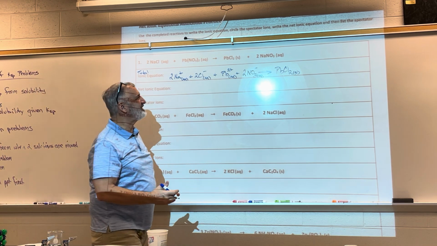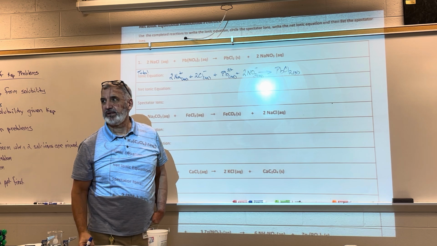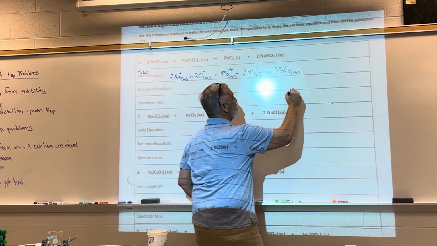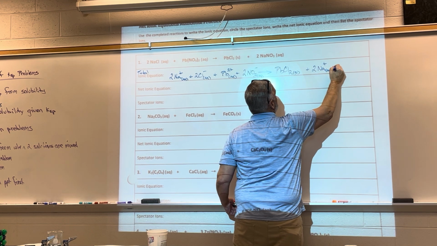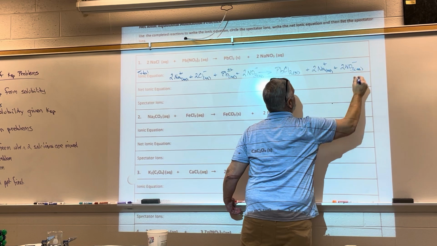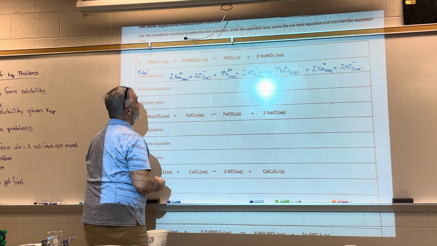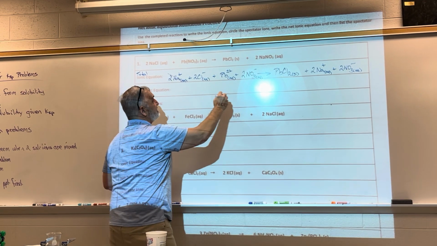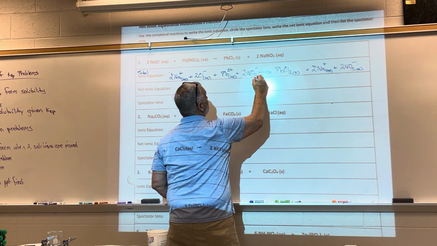PbCl2 solid plus, what's the last product going to break up into? 2Na+ plus 2NO3- aqueous. So now, what are my spectator ions? The 2Na+ and 2NO3-.